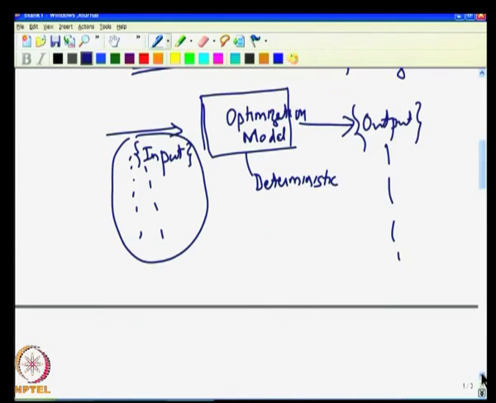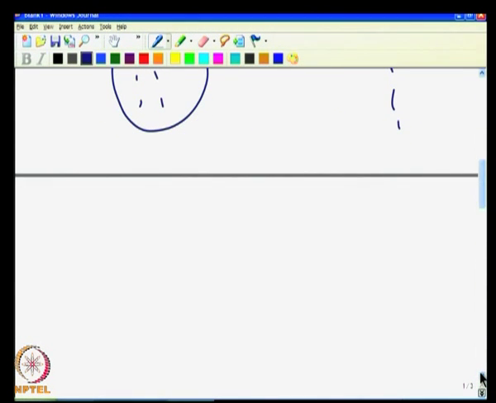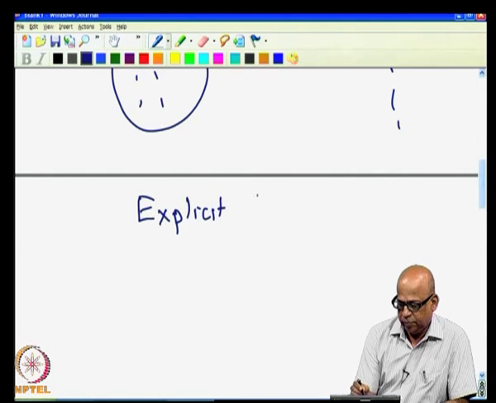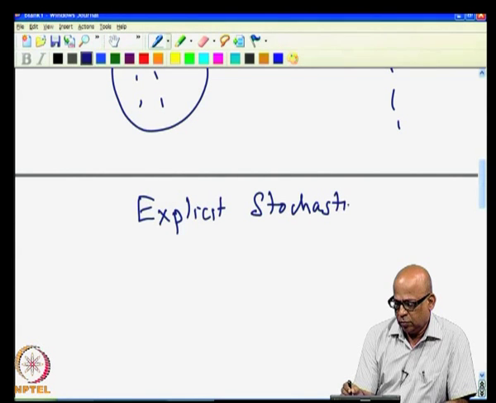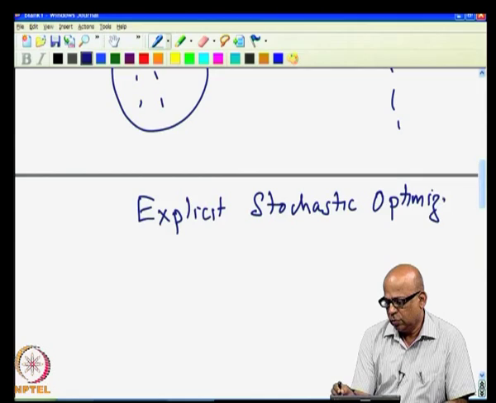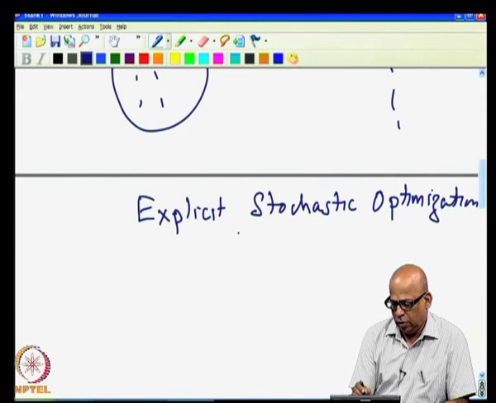But a more compact and mathematically more elegant approach is the explicit stochastic optimization, or the ESO.